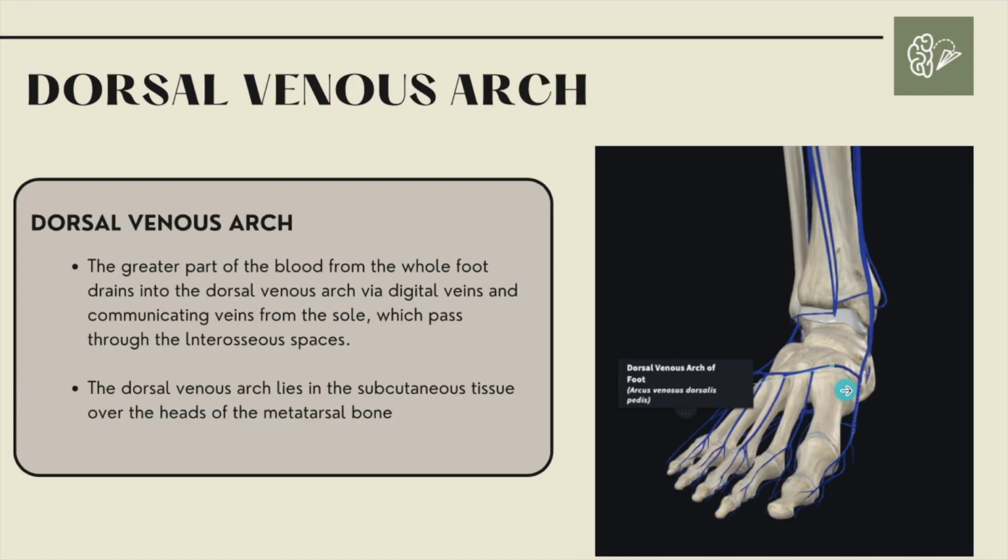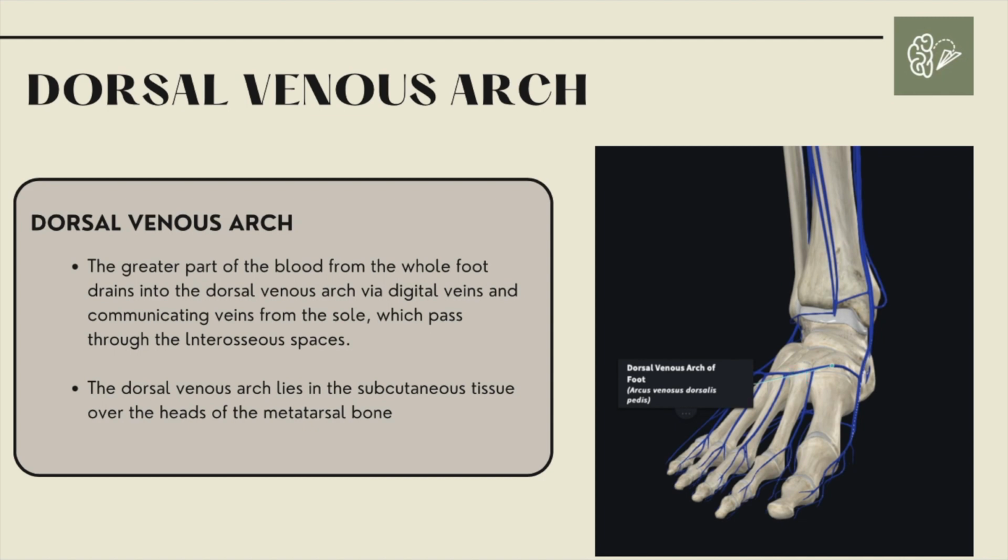Moving on to the foot, we have two sides, which are the dorsal aspect and the plantar aspect. On the dorsal aspect, we have something called the dorsal venous arch, which is similar to the dorsal venous arch of the upper limb that is present on our hand. As you can see, it lies over the metatarsal bones, and it also lies in the subcutaneous tissue.